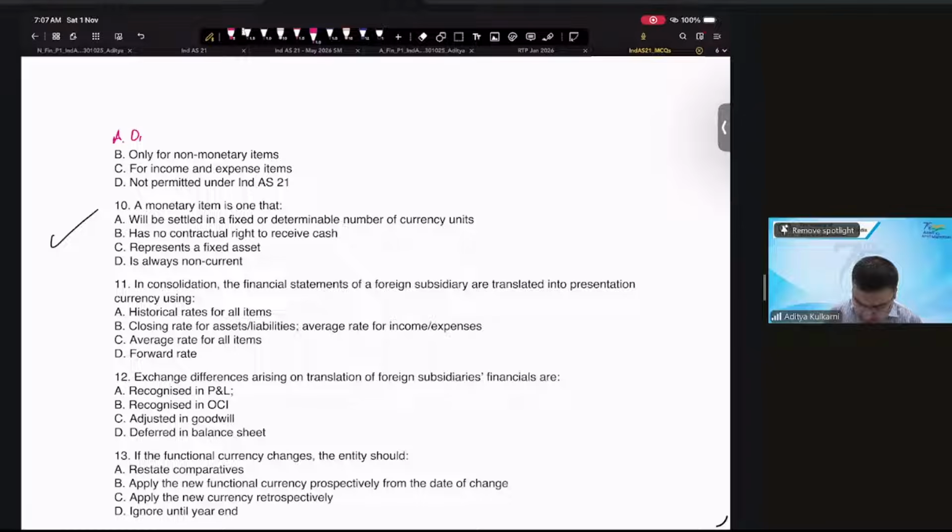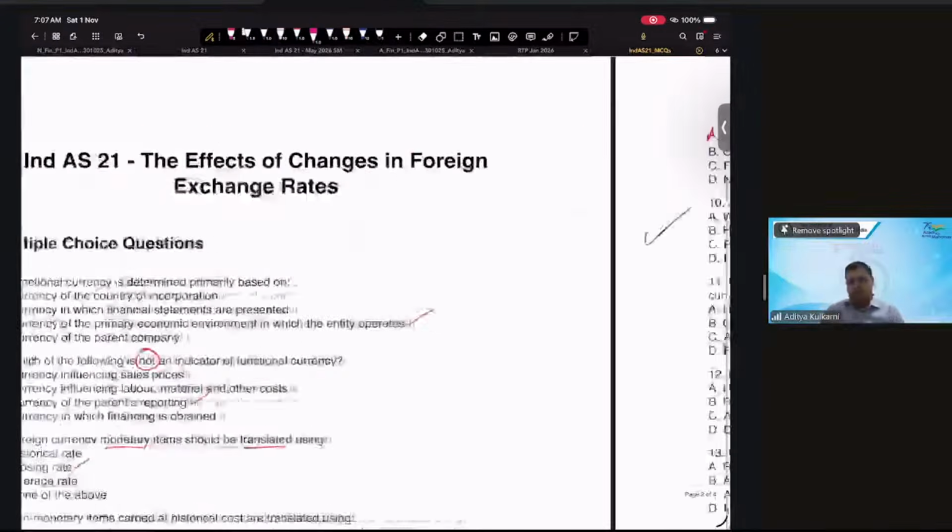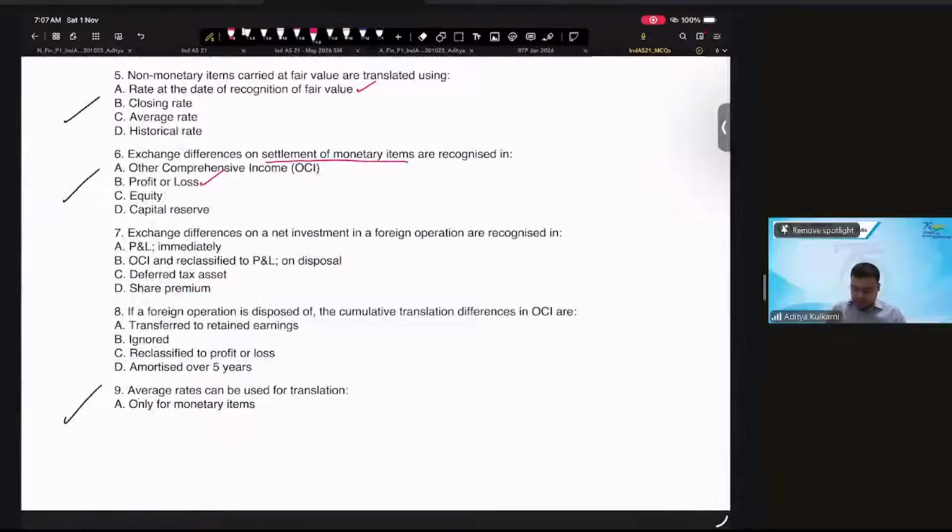So average rate, we use it for what? What do we mean by average rates?